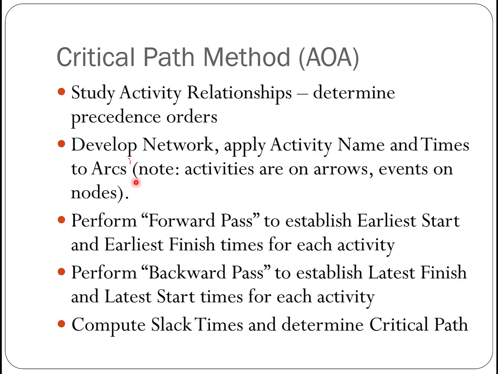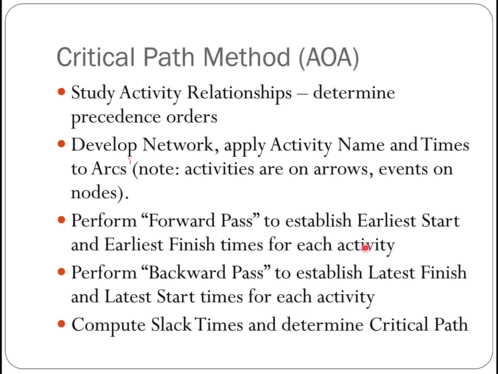And because we are using activity on arrows, the activities will be written on the arrows, and those nodes represent events, like the completion of a certain activity or activities. Then we're going to perform a forward pass to establish the earliest start and the earliest finish time for each activity.